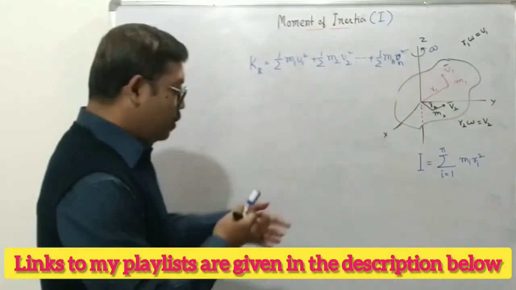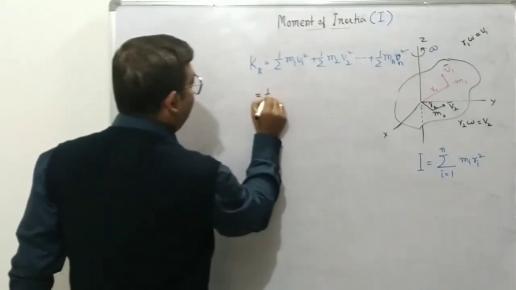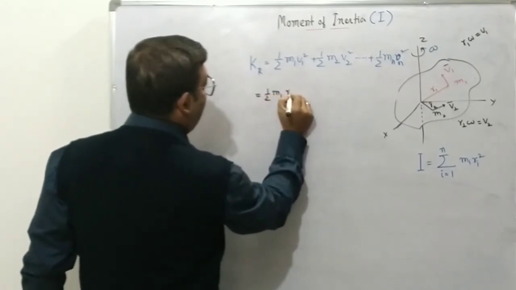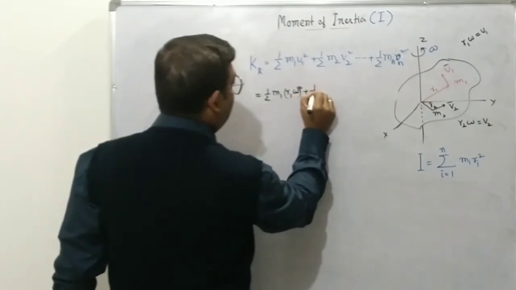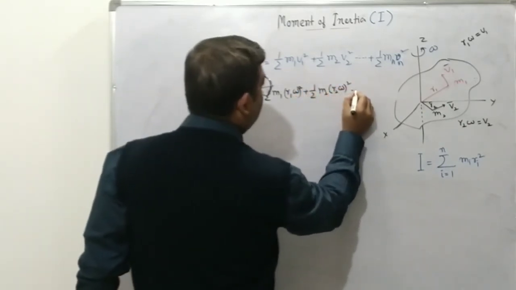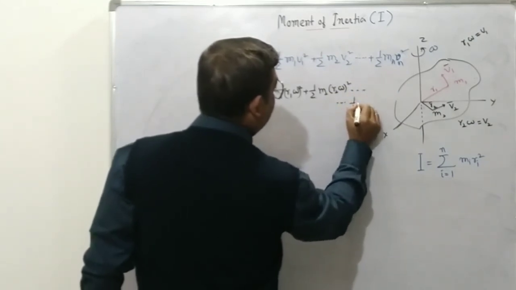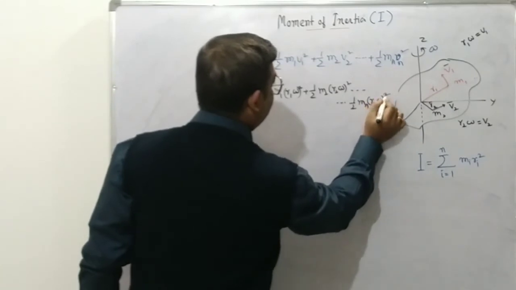So what we will have is that half m1 v1 square can be written as half m1 (r1 omega) whole square, plus half m2 (r2 omega) whole square, and till we have half m_n (r_n omega) whole square.